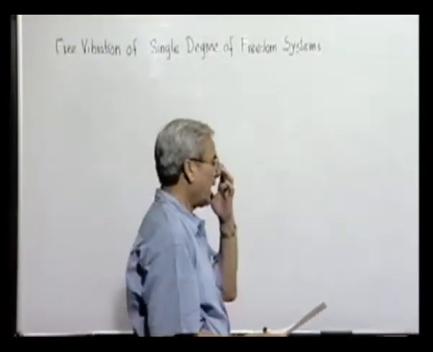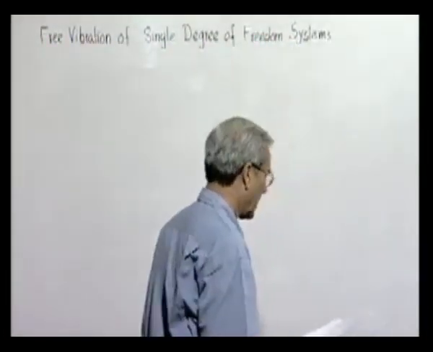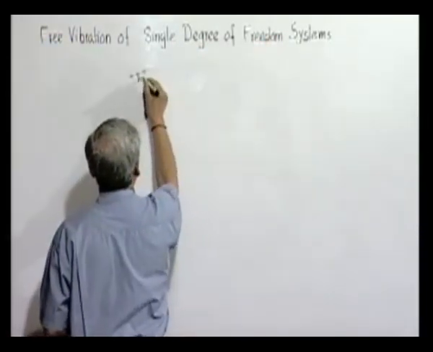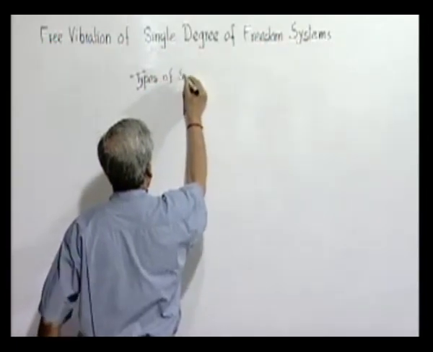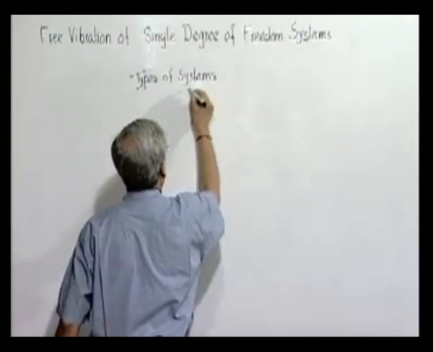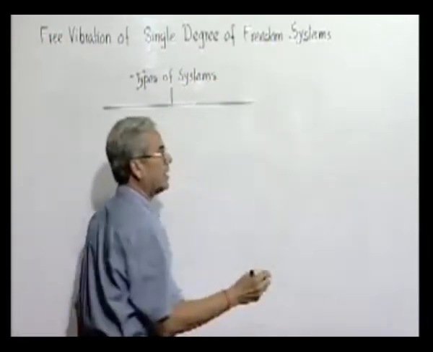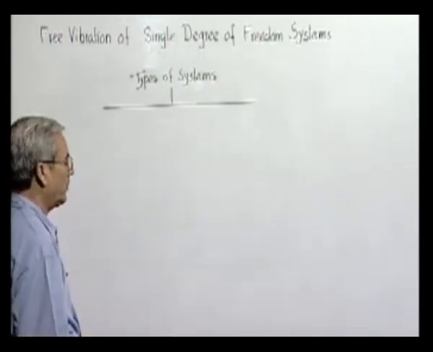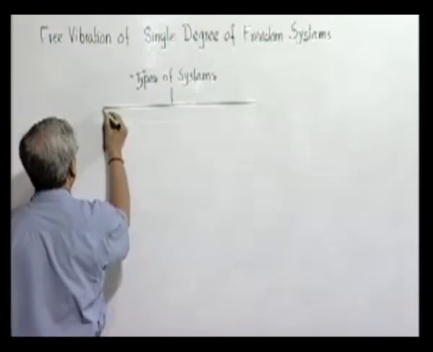Now, here again, before we start the detailed modeling and analysis, let us see that there can be different types of systems. Based on the nature of restoration, that is, what brings it back to its equilibrium or other stable equilibrium position, they can be divided into two groups.